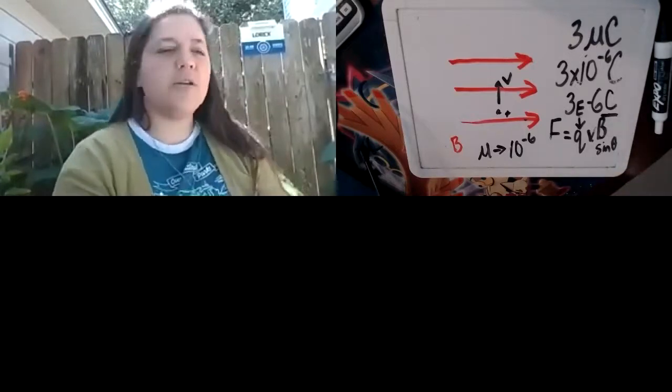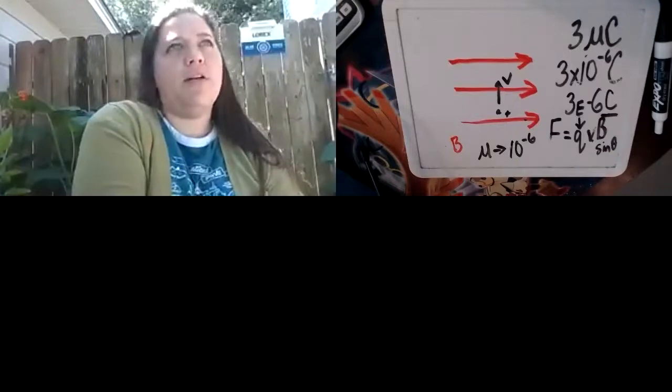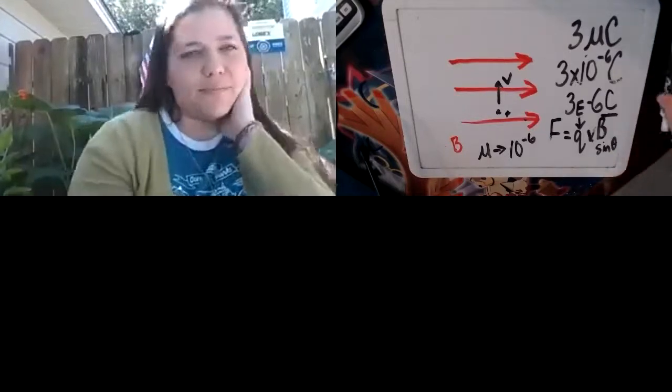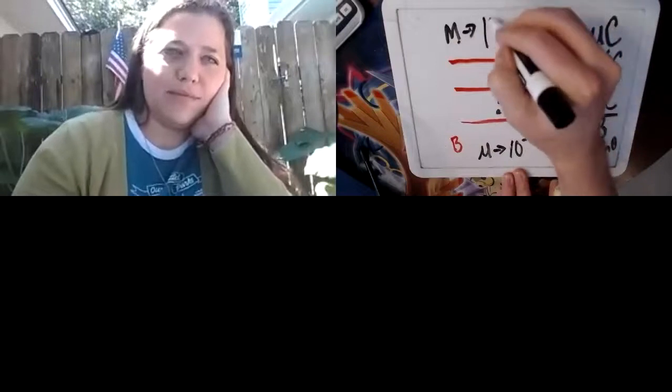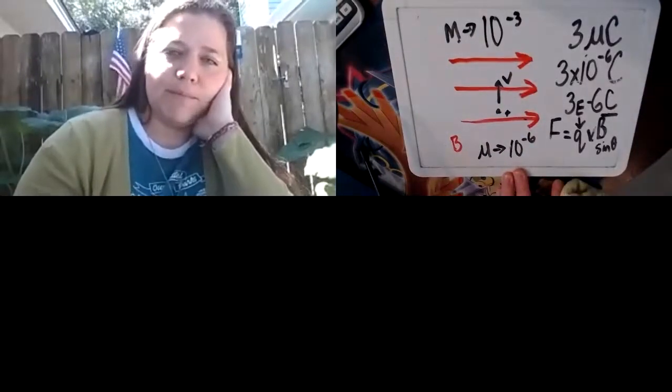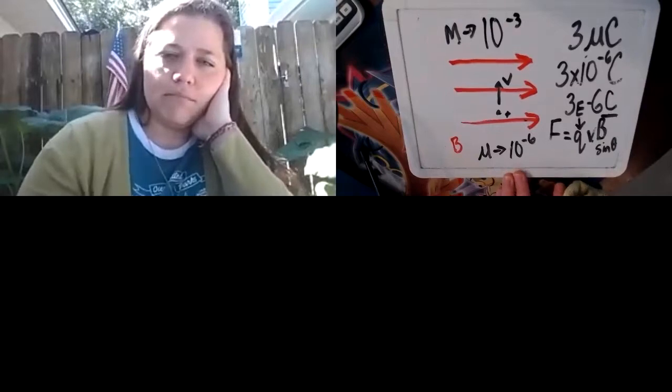You might also see milli Tesla. It's the same idea. When you see milli, you translate that to the lowercase m, not a capital M, which are two different things. You do that as 10 to the negative 3. That's what milli would tell you, 1,000th.